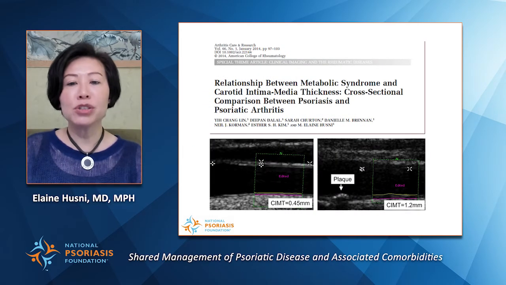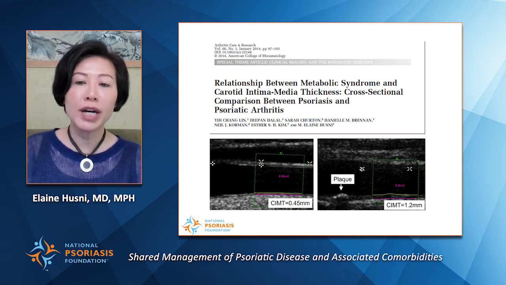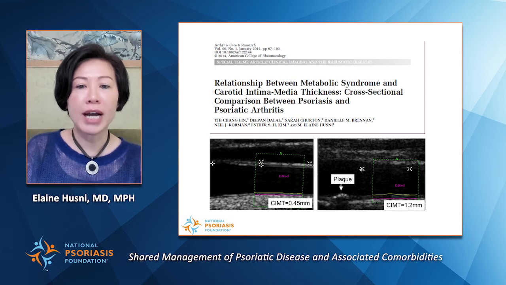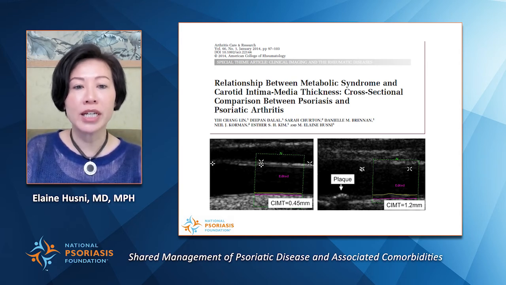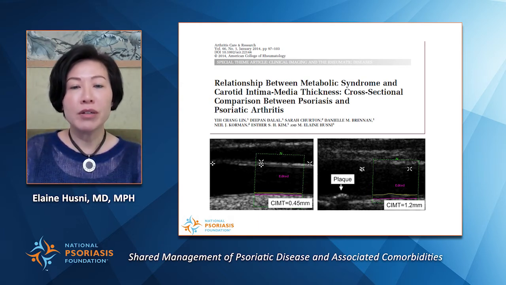So in our patients with psoriasis and psoriatic arthritis, a study that came out of my group was trying to look at that metabolic syndrome along with something called carotid intima media thickness, which is an early surrogate, looking at an ultrasound in your neck for early surrogate markers of atherosclerosis.